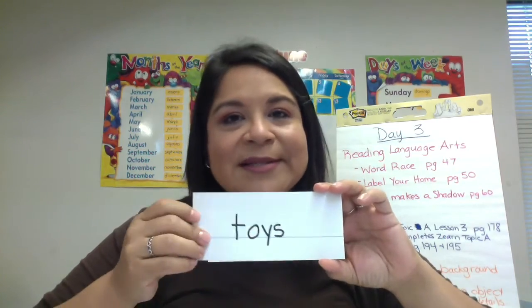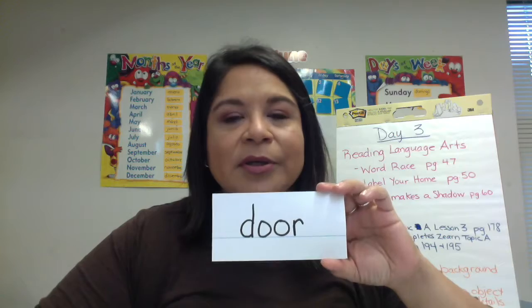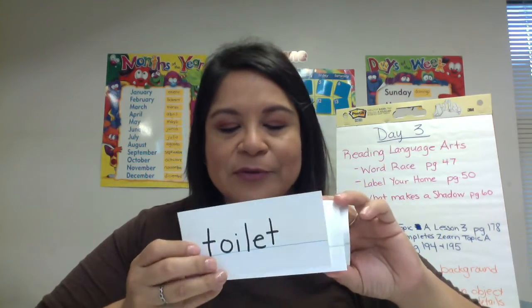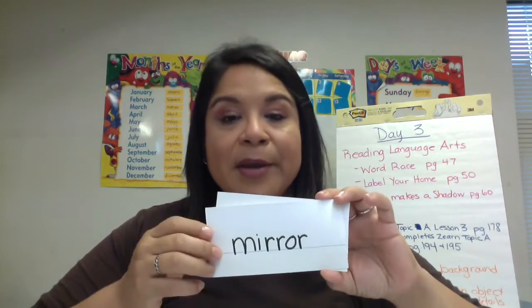So I chose words such as television, toys, chair, window, door, toilet, because of the vowels, right? And then mirror and computer. What you would basically do is label your room.